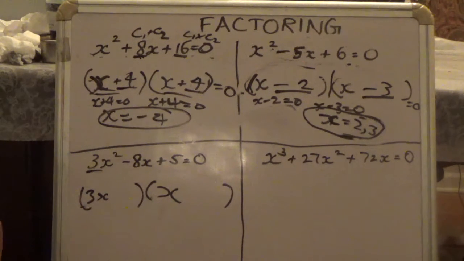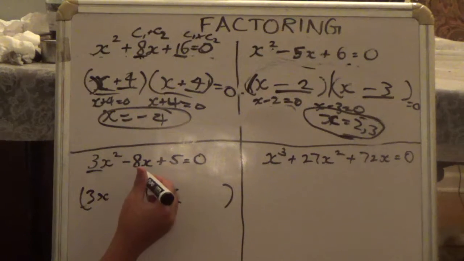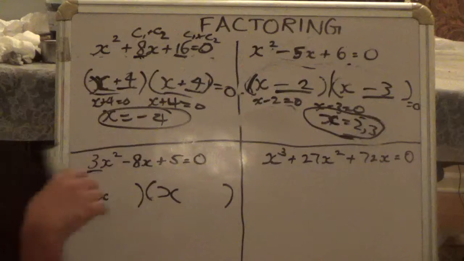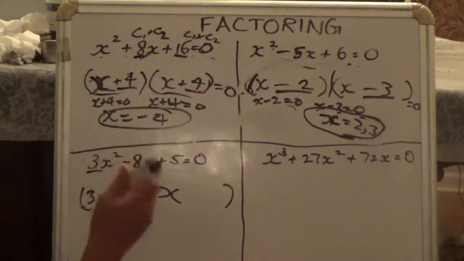Let's just see what the signs will be. If we're multiplying and getting a positive, but we're adding and getting a negative, it means that the two numbers both have to be negative, since negative times negative is positive. I already explained that.